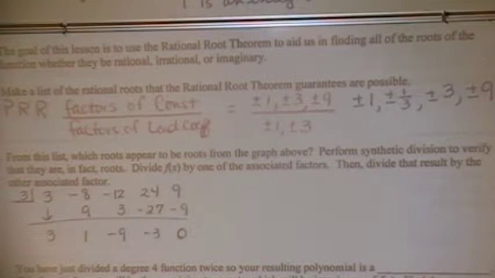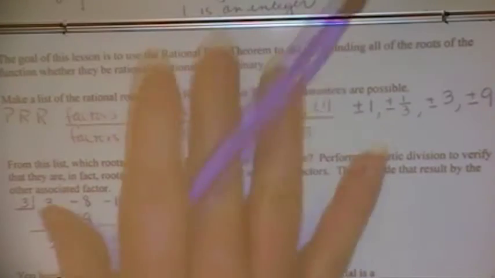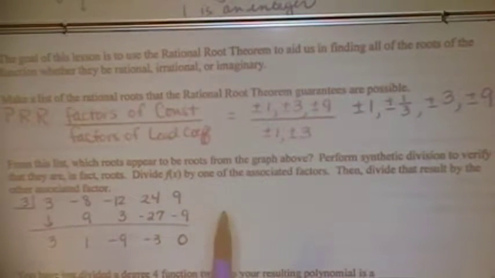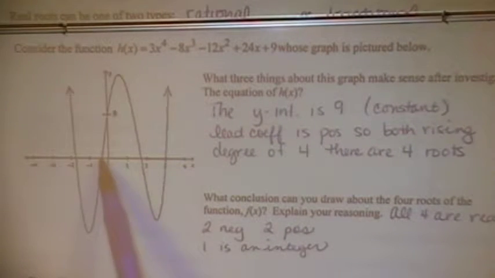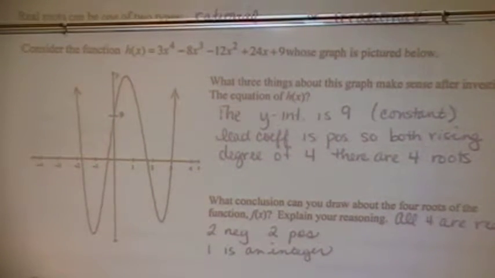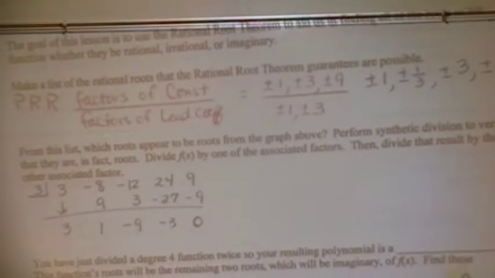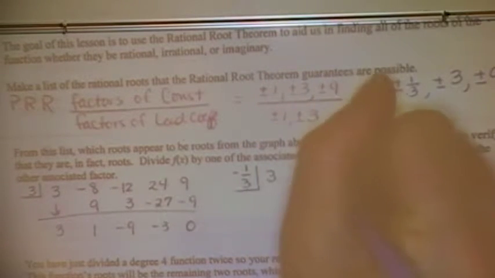Okay, I am not positive, but this one right here, I think it might be negative 1/3. So let's just try it and see. I'm going to just use the coefficients that I just got, just because it'll be easier. So negative 1/3, and I'm going to use 3, 1, negative 5, negative 3.